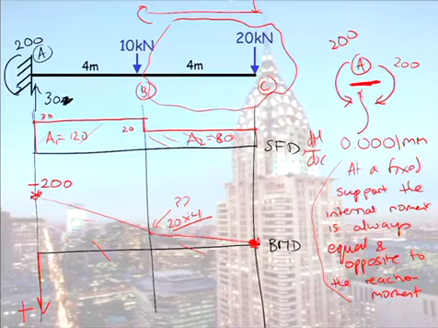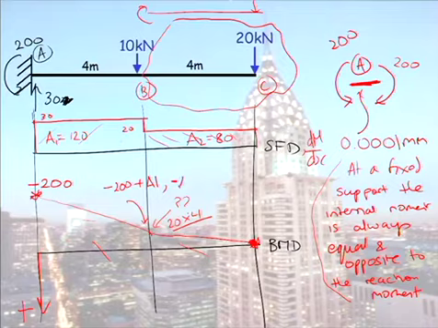Whenever you have an internal moment, the moment here is going to equal minus 200 plus area 1. So you have to take the area away from any moment acting. When you come from the right side, because there's no moment acting in there, it's always the negative of the area, by the way, area 2.